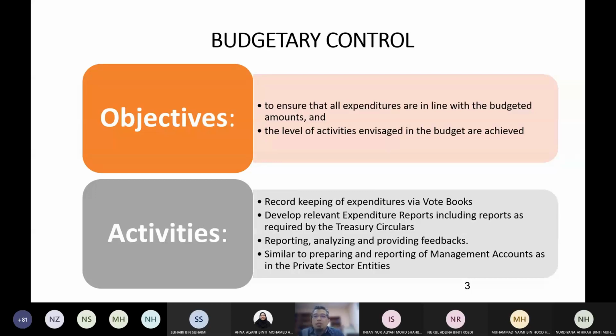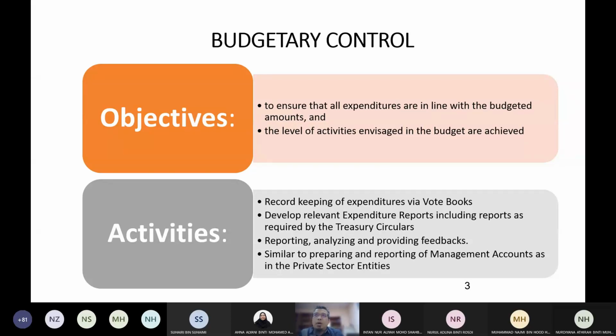They call it vote books, I think these are for government. Vote books, either manual, using physical cash books, or an online system. But generally, for budgetary monitoring, the record is under vote books. That's the record keeping.